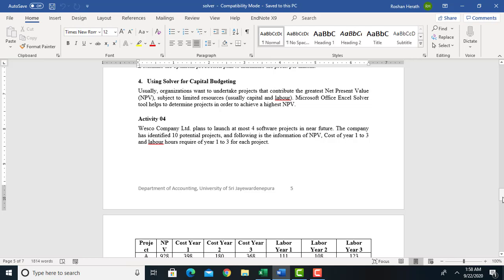When you come across such an instance, you can make use of this solver, and it will help you to identify the projects that would maximize the value of the business. The value of the business in the sense of the projects that would maximize the net present value.